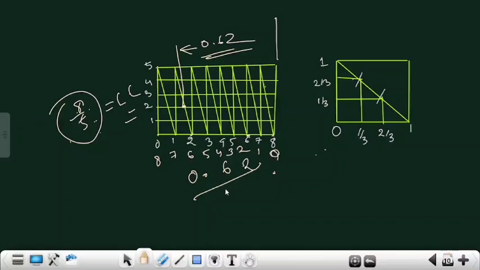This is how we can measure. Our diagonal scale is used to measure 3 consecutive units. Let's say this is decimeter and this is meter.